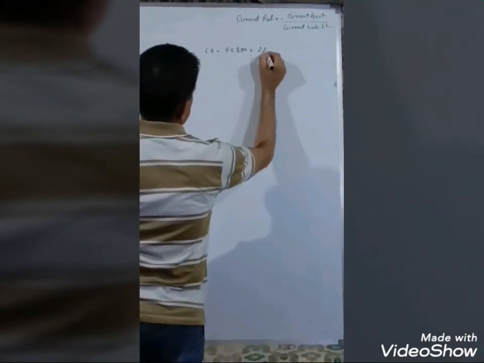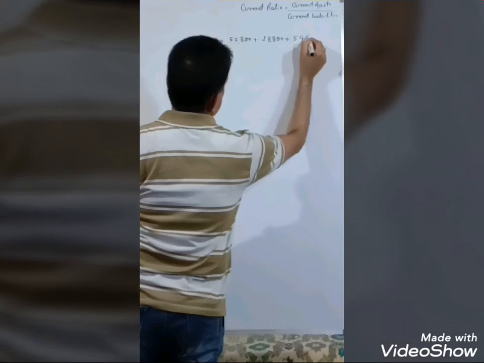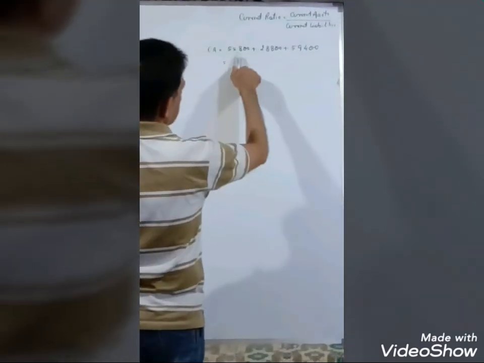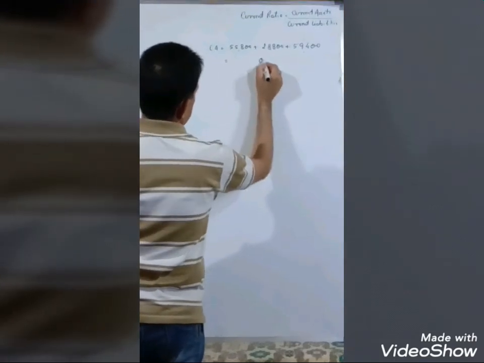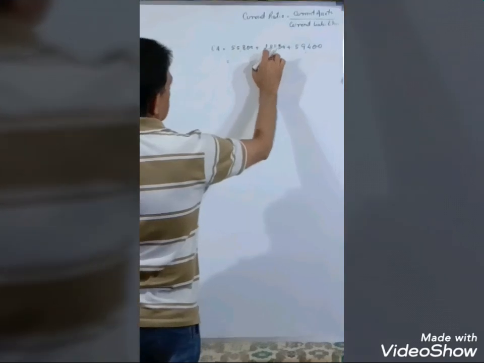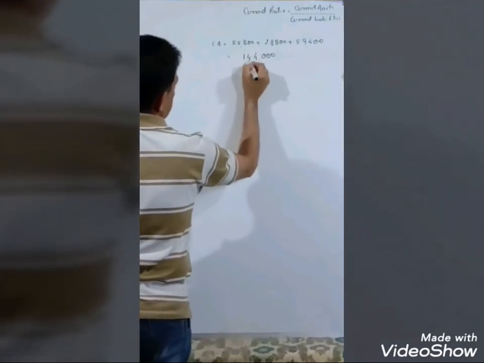Then trade receivables are 28,800. Then we have cash and cash equivalents 59,400. So our current assets will be 1,44,000.